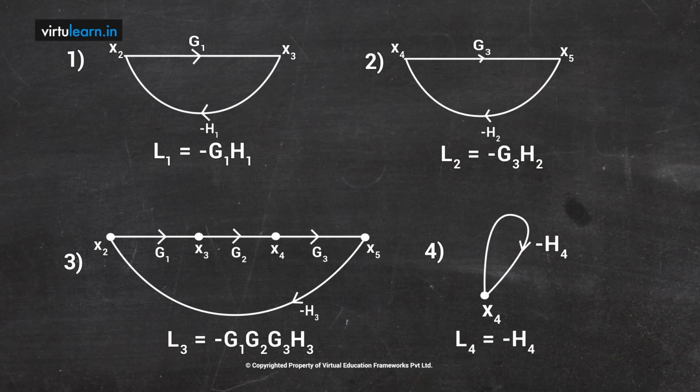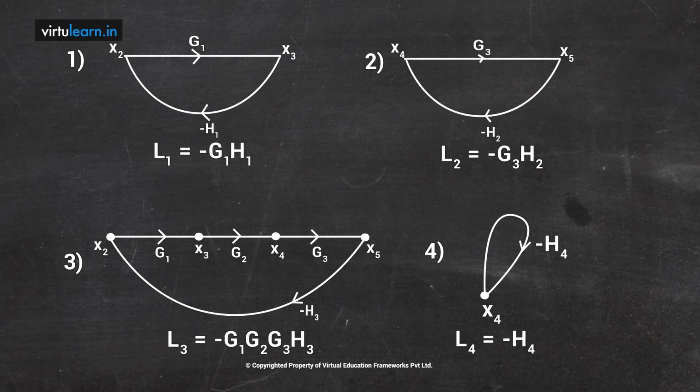To find non-touching pairs, list the individual loops which are available and their nodes. So let us say L1, its nodes are x1, x2, x3, x2. Similarly L2, L3, L4, you can list out all of them. Then how to find non-touching pairs?